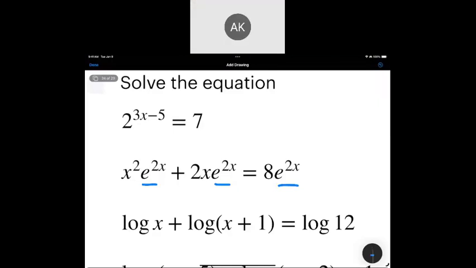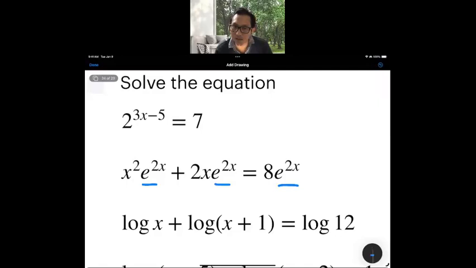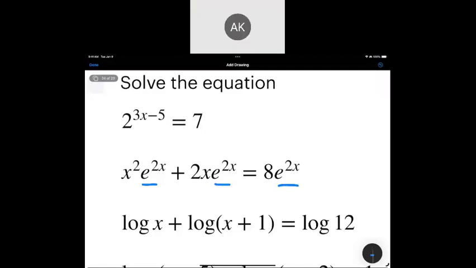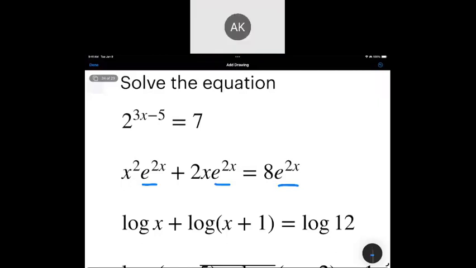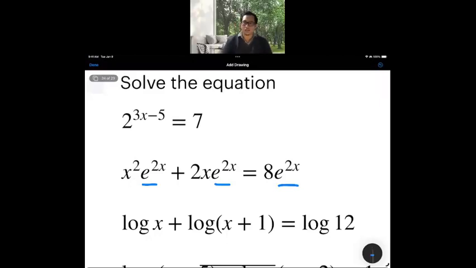Yes. I think every term here has e to the power of 2x, so maybe we can group them into e to the power of 2x, and inside the bracket is x squared plus 2x and 8. Then from there you solve that, where e to the power of 2x equals 0 and the one inside the bracket equals 0.